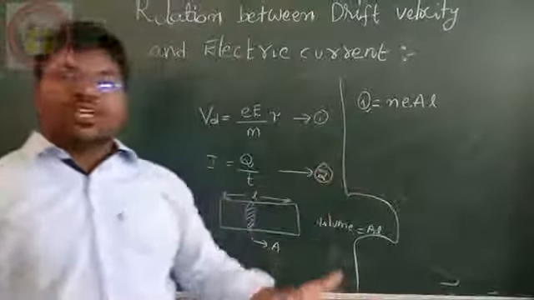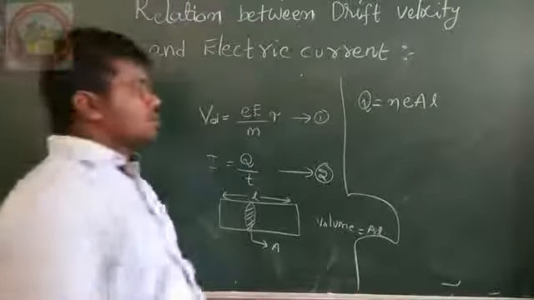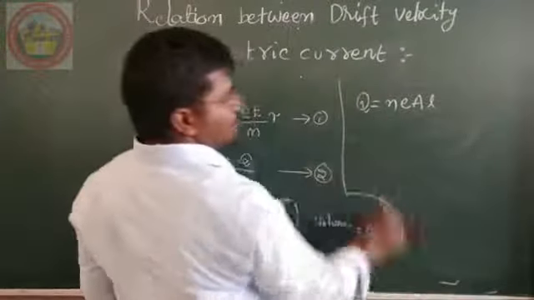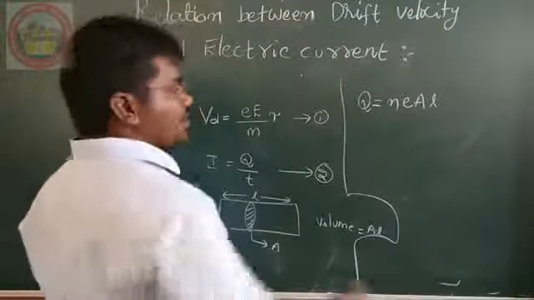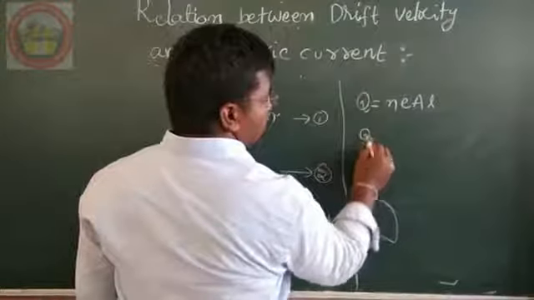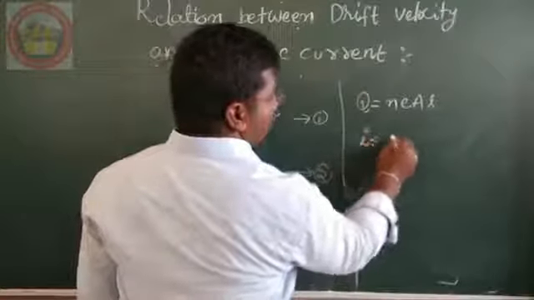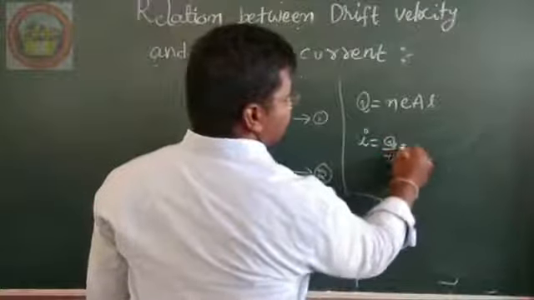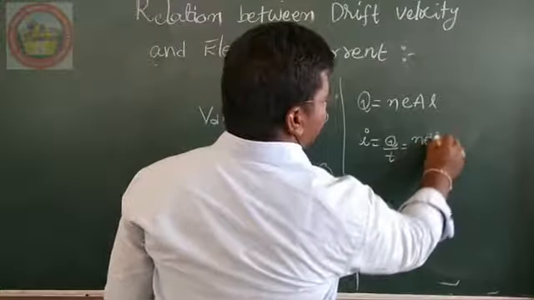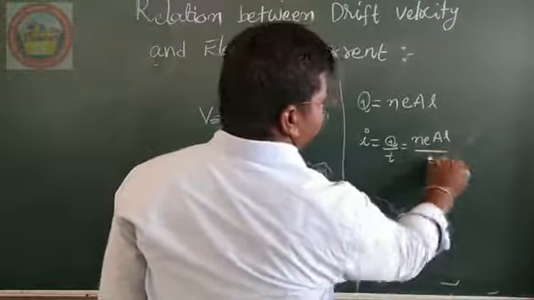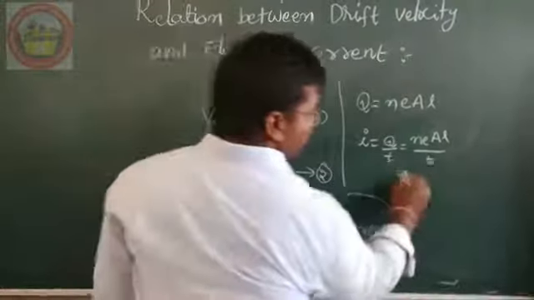From this, how can we find current? We divide both sides by t. I is equal to Q by t, so I is equal to neAL divided by t. Understand?